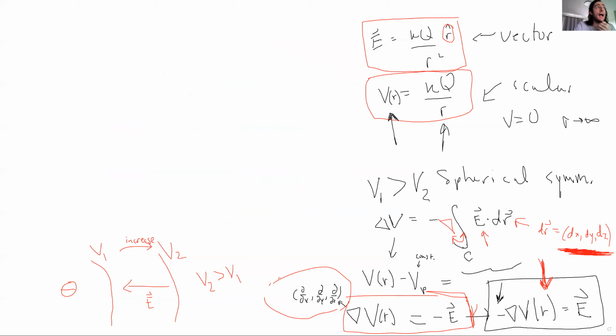Okay, so now I haven't really been able to engage you guys all that much, so I want to try and do that now. If we have, like before, this infinite sheet, okay, with, let's say, positive charge here. Well, we know the direction of the electric field is in this direction, right?